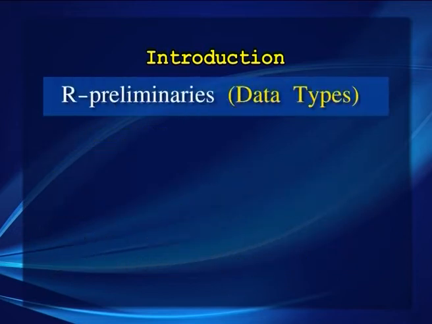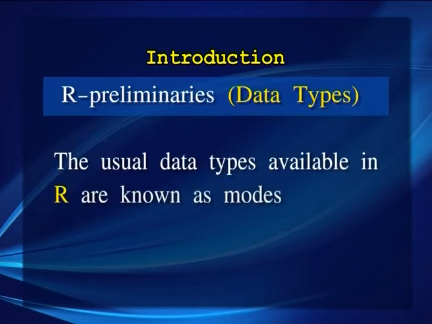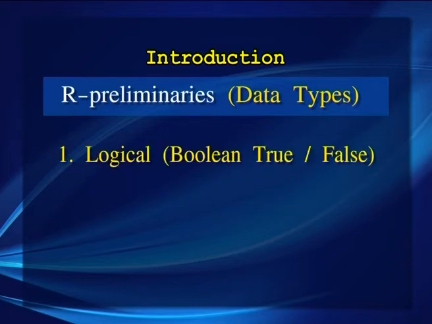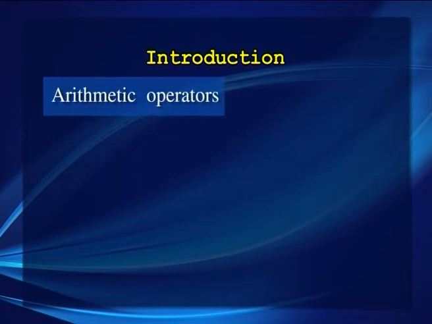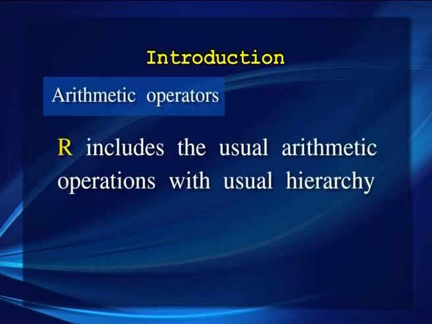We will see some R preliminaries now. The data types available in R. The usual data types available in R are known as modes. The modes are logical, numeric and complex. So, what are the arithmetic operators used in R? R includes the usual arithmetic operations with the usual hierarchy.